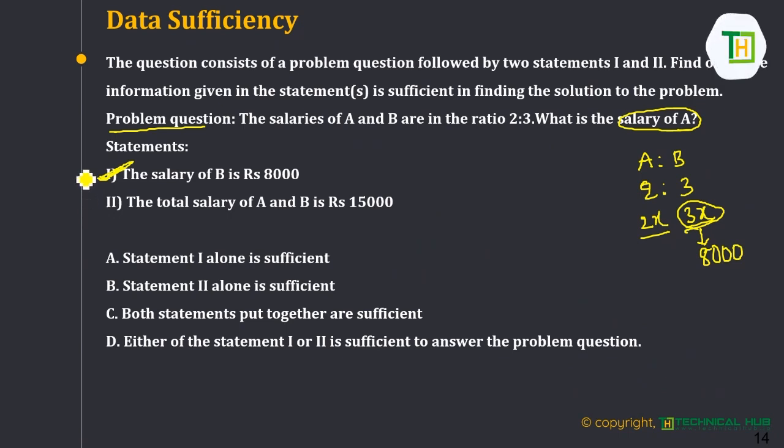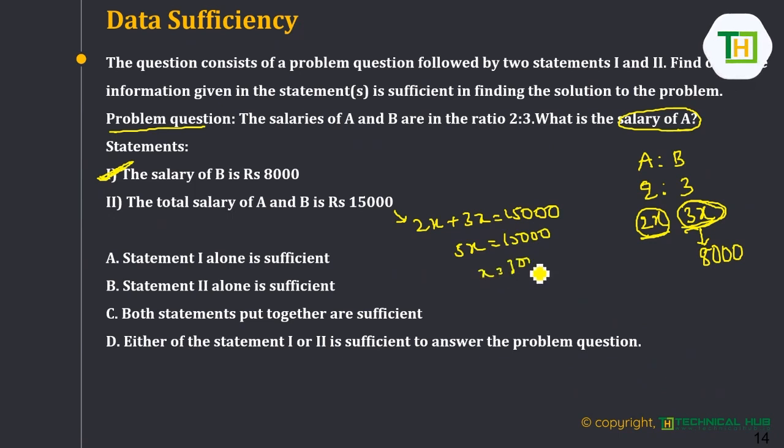The question is not over yet. Take statement 2 alone. What is statement 2? The total salary of A and B is 15,000. I know that 2x is A's salary and 3x is B's salary. According to statement 2, 2x plus 3x is equal to 15,000, that is, 5x is equal to 15,000.